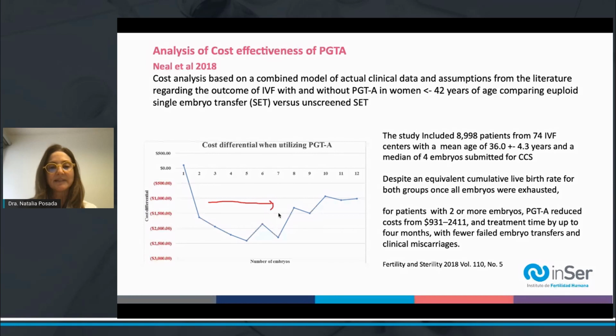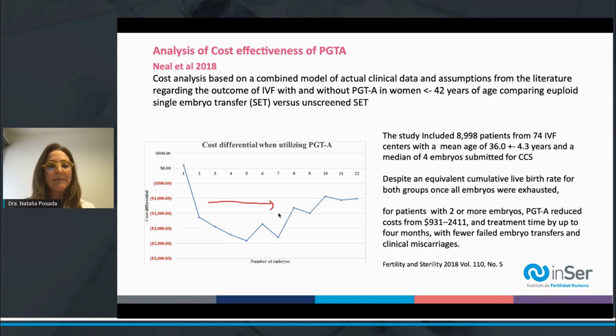Despite the fact that, as we've seen, eventually the cumulative pregnancy and live birth rates are similar between this PGTA group and the group that only had morphology assessment of embryos prior to transfer, there was a cost reduction of around $1,000 to $2,500 when there were more than 2 blastocysts available, regardless of women's age.